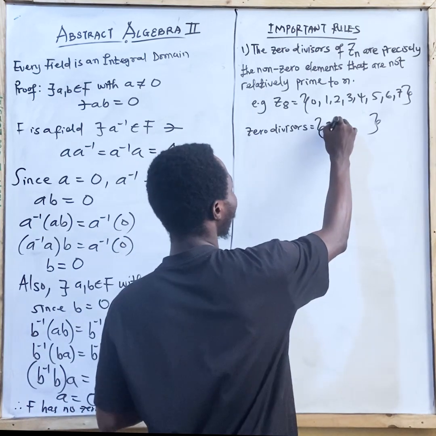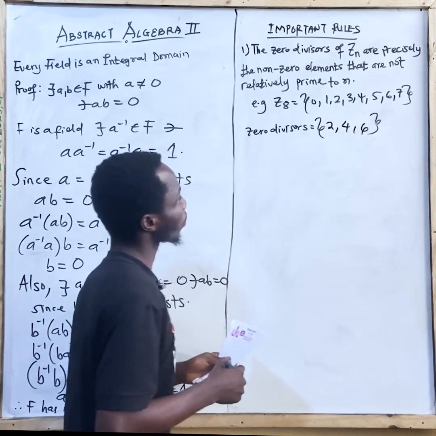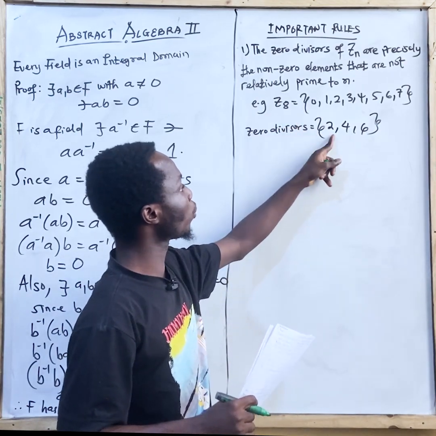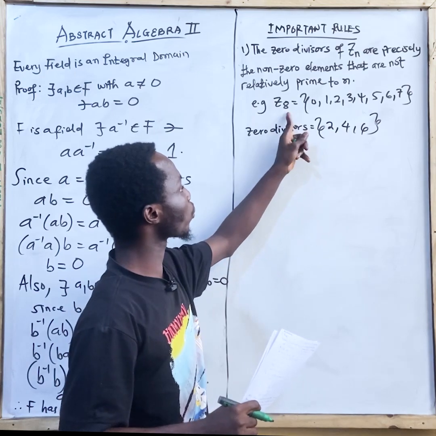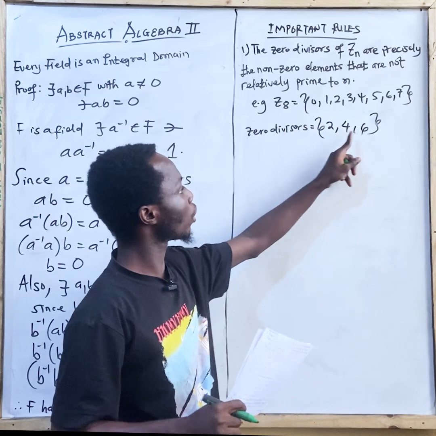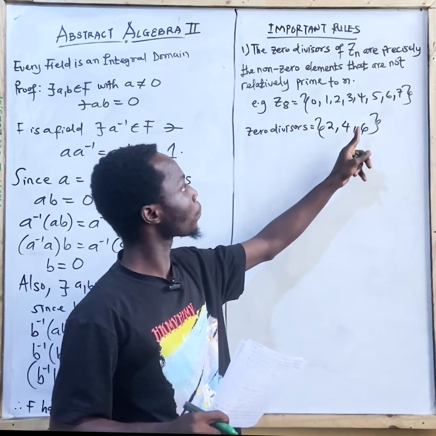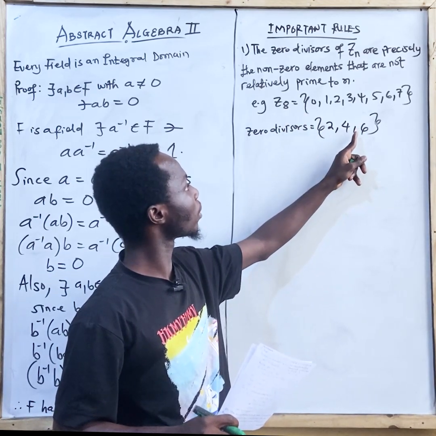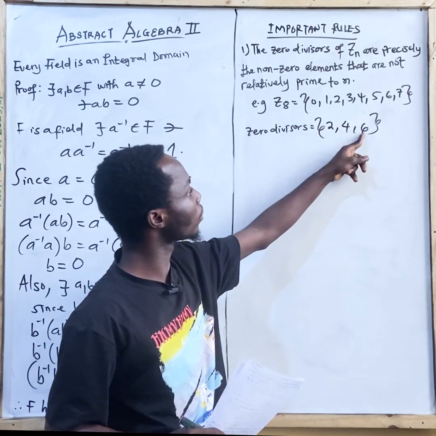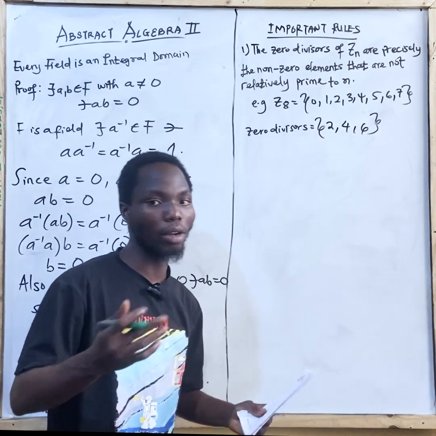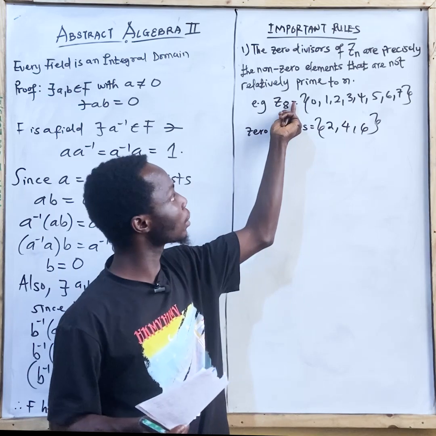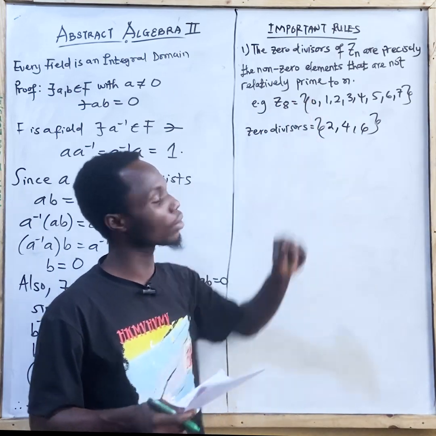Because 2 and 8 are not relatively prime. 1 will divide 2, 1 will divide 8, 2 will divide 2, 2 will divide 8. 2 will divide 4 and 8, 4 will divide 4 and 8. 2 will divide 6 and 8. So you can see that they have more than one common factor. So the greatest common divisor between these elements and 8 is not 1. So they are not relatively prime.